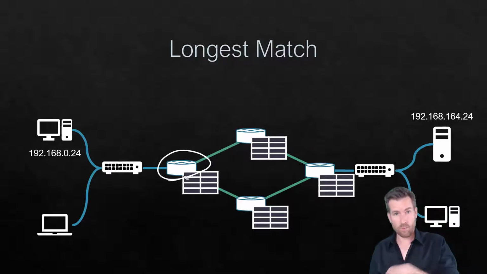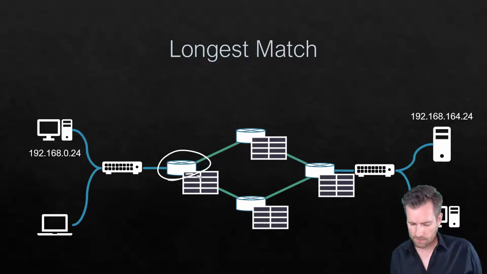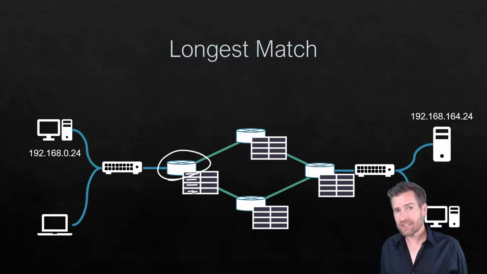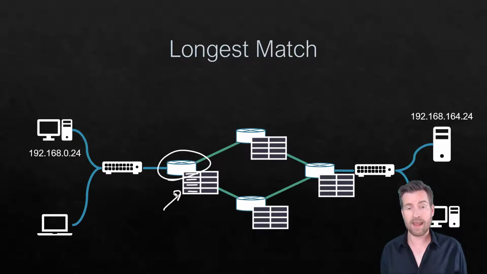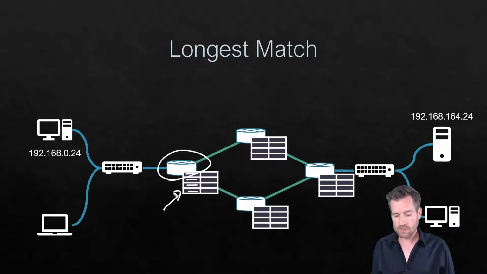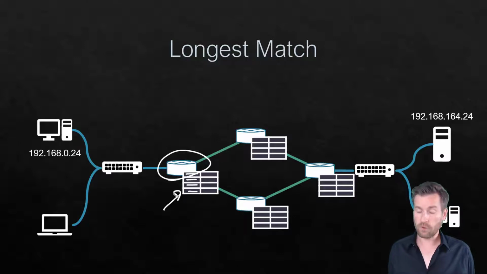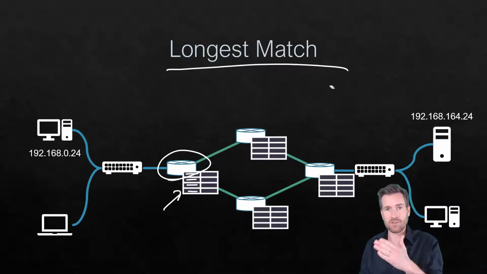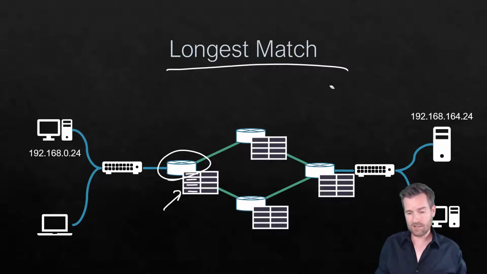So how does a router determine what route it needs to take? When it's looking up its routing table, it's going to have a lot of different networks in it. And in fact, there could actually be some overlapping networks within this routing table. Believe it or not, there could be some overlapping networks. So what it's going to do is look for the best match, or the longest match. How many bits actually lined up with this destination IP address?